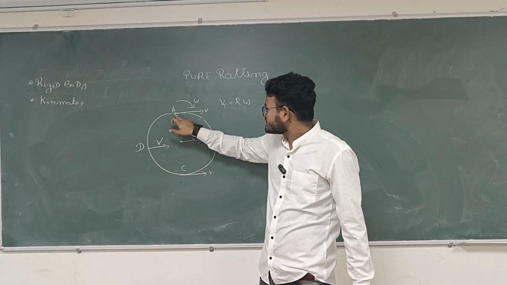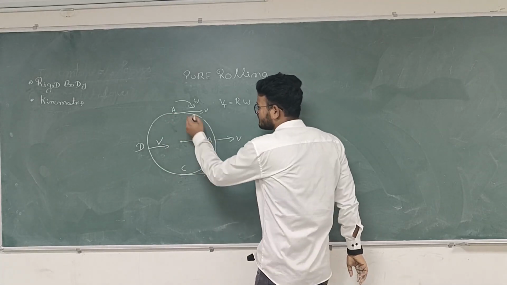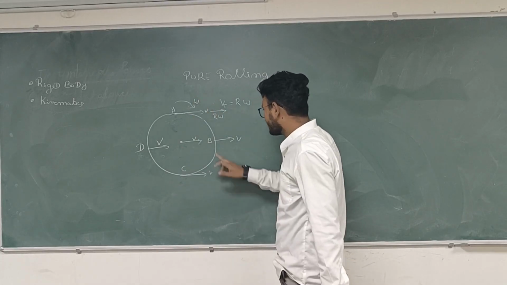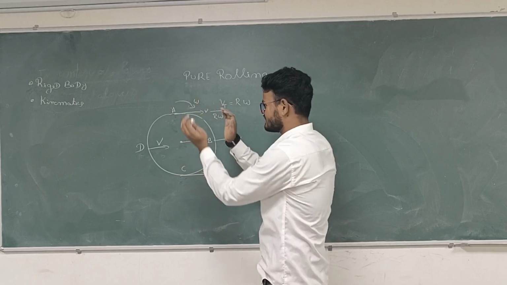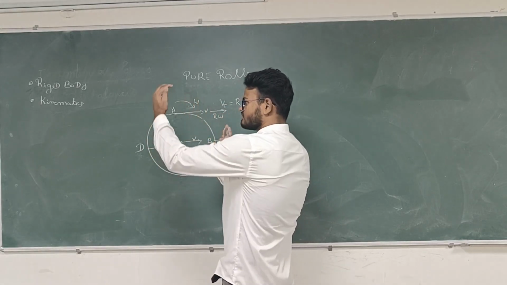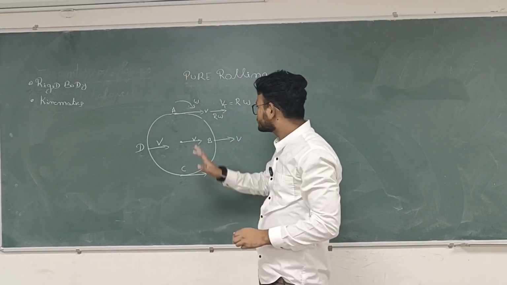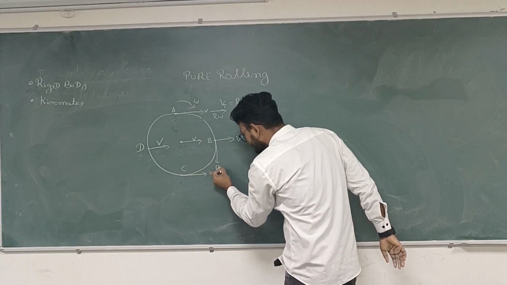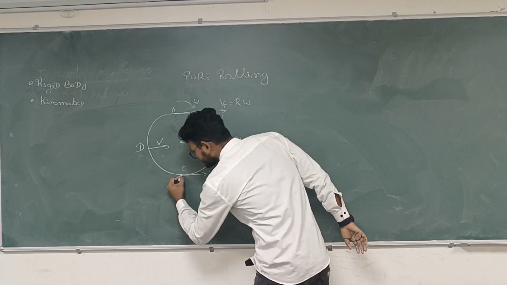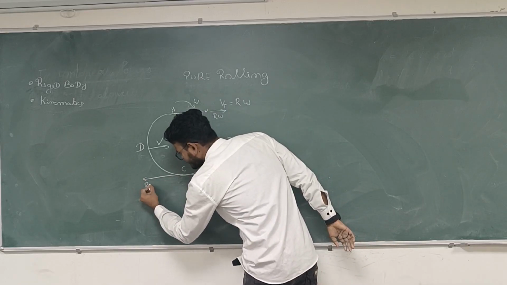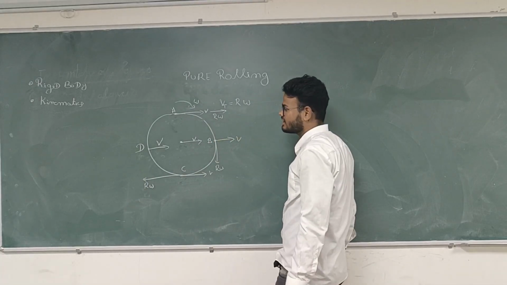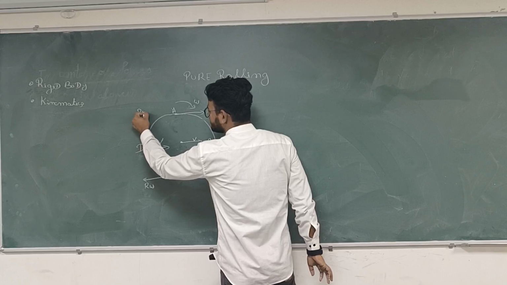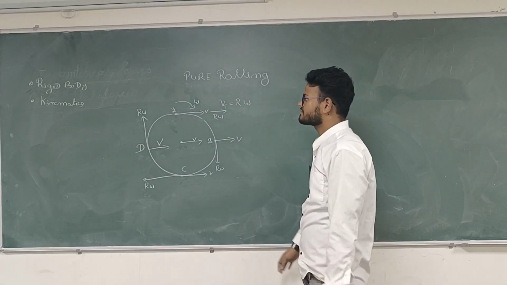So this point has velocity r omega in this direction, and it is rotating in this way, clockwise. So this point tries to move in downward direction with r omega, this point tries to move in backward direction with r omega, and this point tries to move in upward direction with r omega.